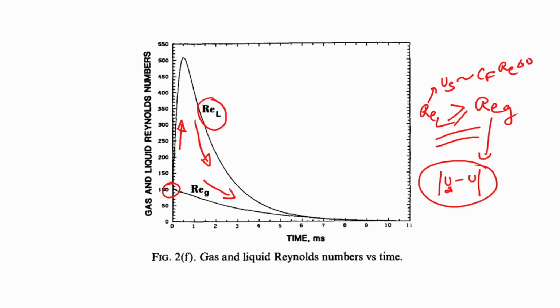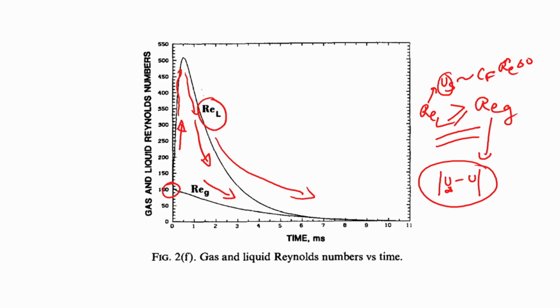So, initially when the droplet is accelerated, this goes up, and then as the relative velocity comes down, this slowly comes down in a profile like that. Got it? Okay. So, that is the nature.